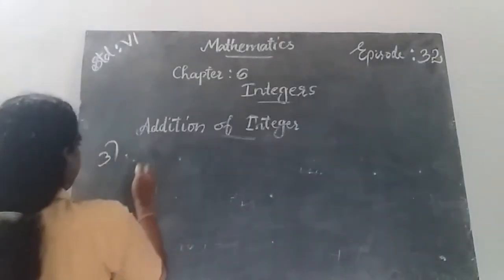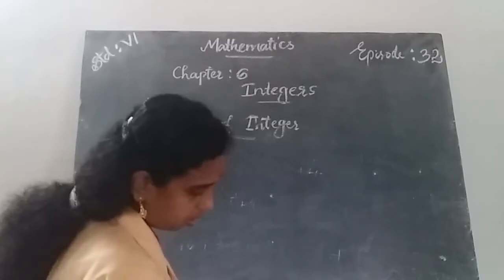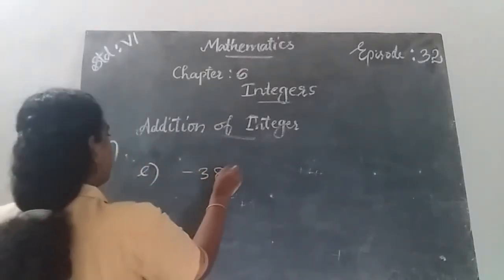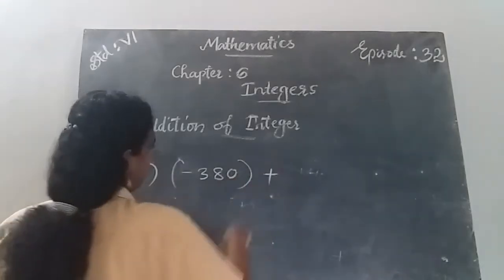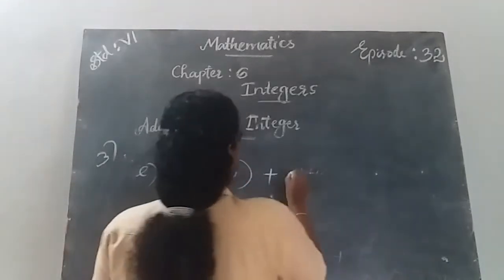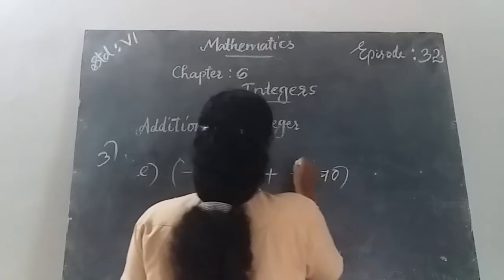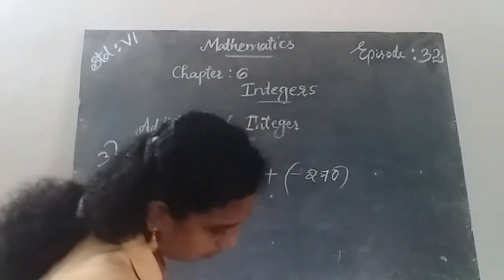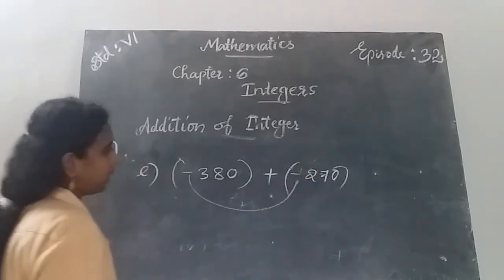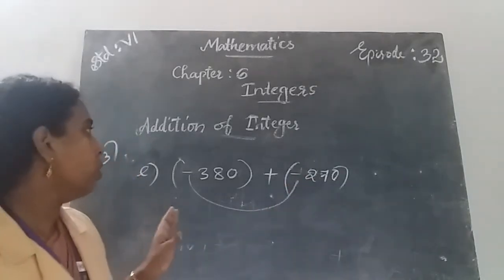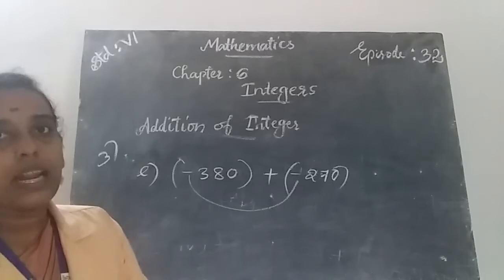And question number E. Negative 380 plus negative 270. Here these two integers are negative integers, so when we add any two negative integers, we get a negative integer.